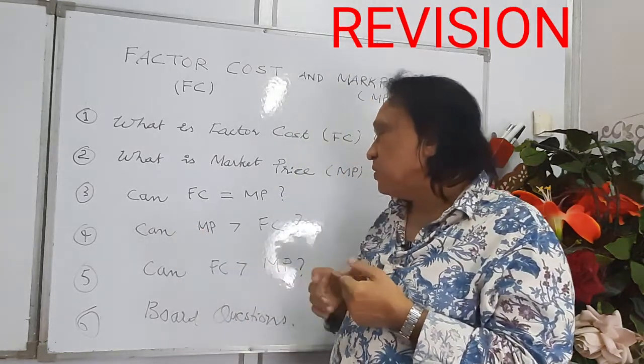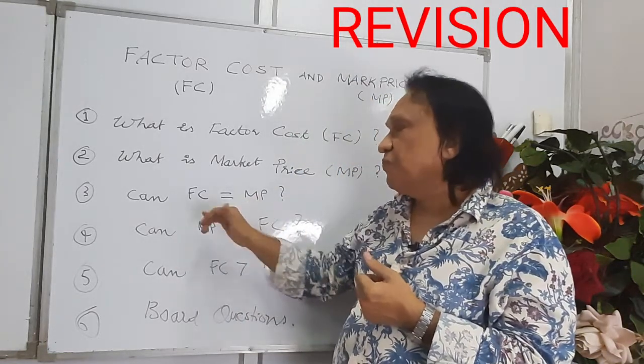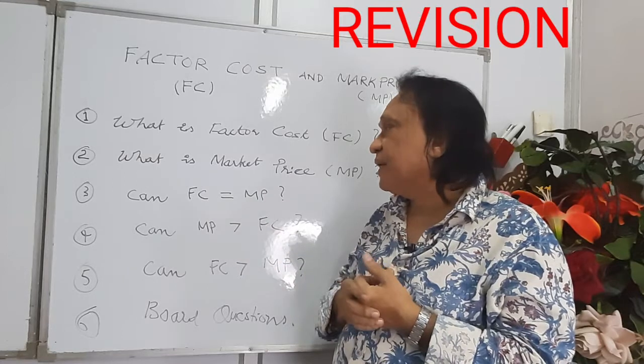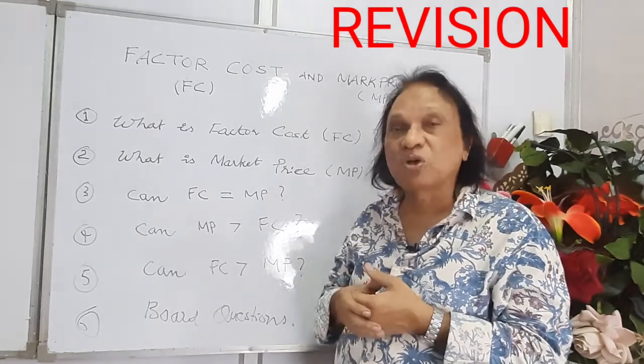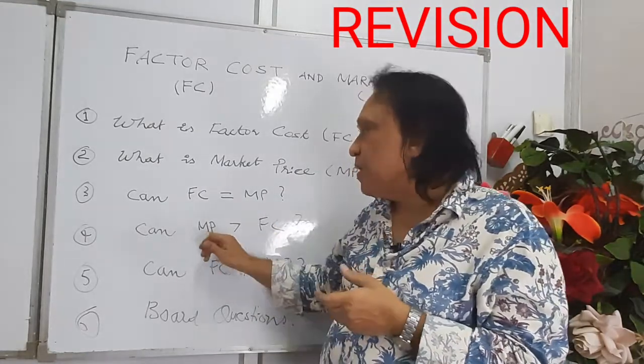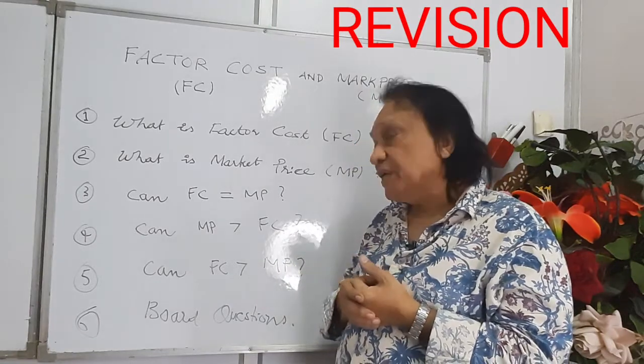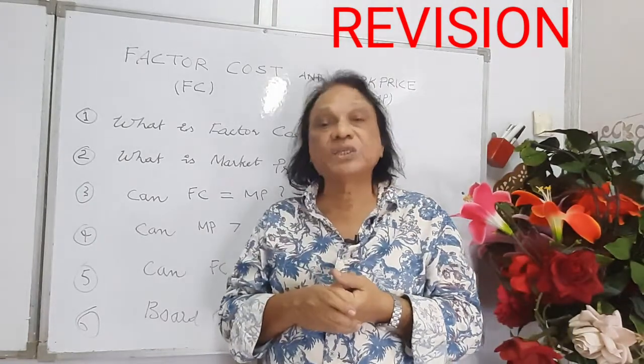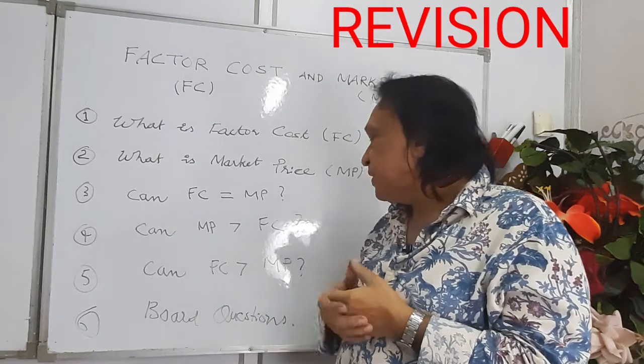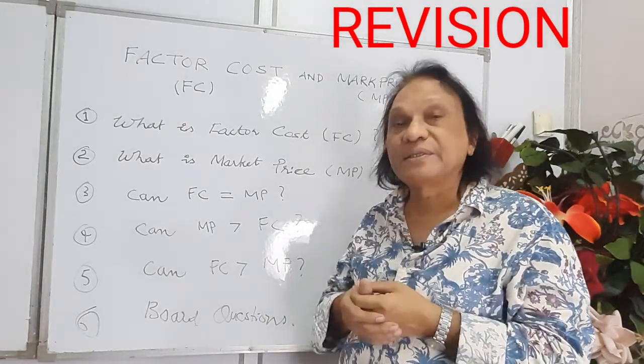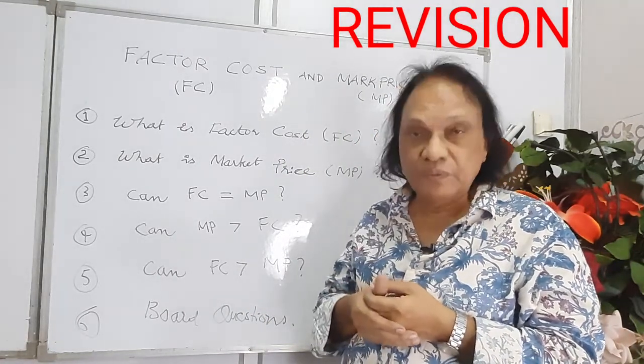Can market price be equal to factor cost? Yes, factor cost can be equal to market price when NIT is 0. Can market price be greater than factor cost? Yes, it can be when NIT is positive. Can factor cost be greater than market price when NIT is negative?